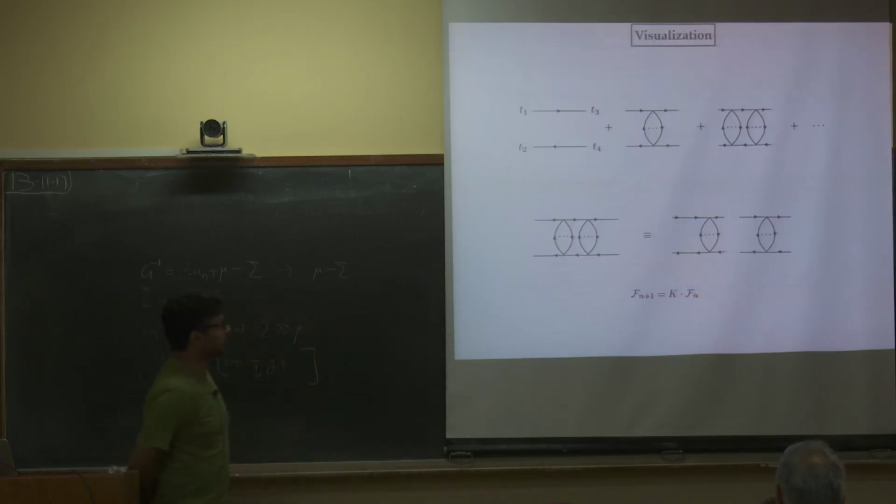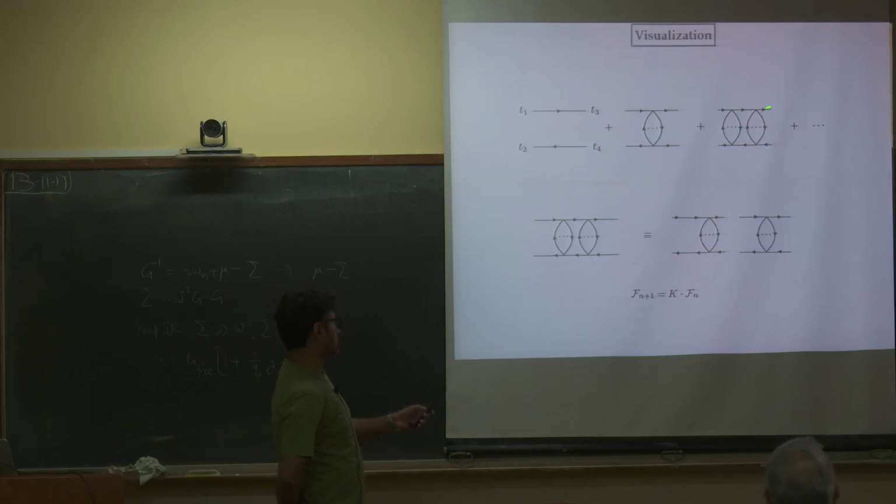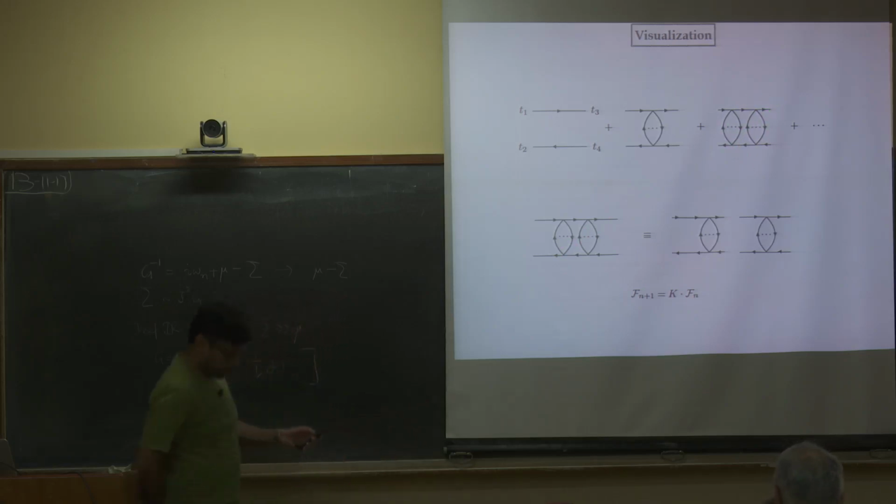That's the essence of the story. Roughly speaking, these are the diagrams that you need to sum. As you can see, if I have to calculate this particular diagram with these two loops, I can equivalently re-express this two-loop diagram as a composition of a kernel with a diagram at one order less.